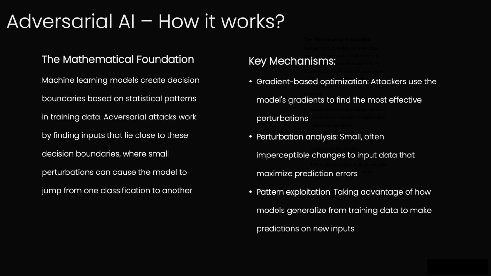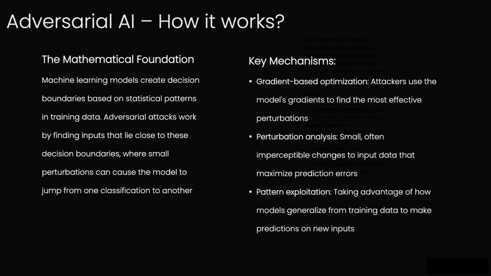So what's the weak spot they're hitting, mathematically speaking? What's the underlying vulnerability here? Well, fundamentally, these models create what we call decision boundaries. Imagine invisible lines or surfaces in a very high-dimensional space, separating different categories, like cat versus dog. Exactly. Separating cats from dogs, stop signs from speed limit signs, whatever it learned.